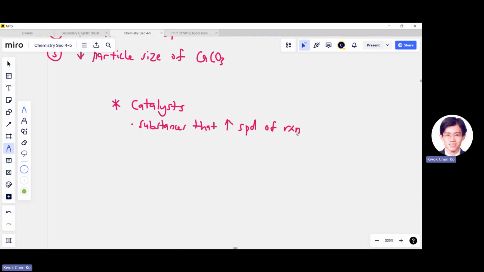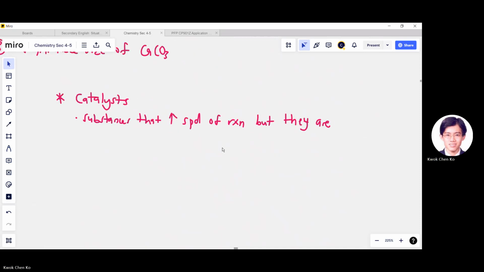But the but is important. They are not a reactant. They only speed up the reaction without reacting, without being used up. Something will happen, but they will speed up the reaction without being used up.